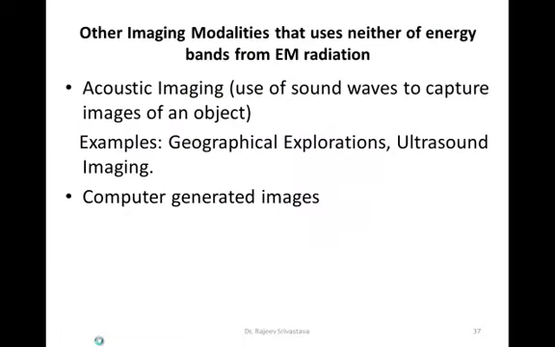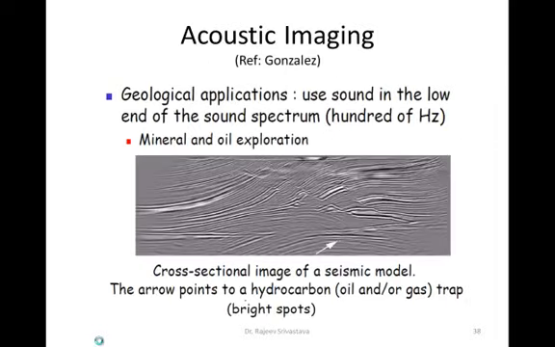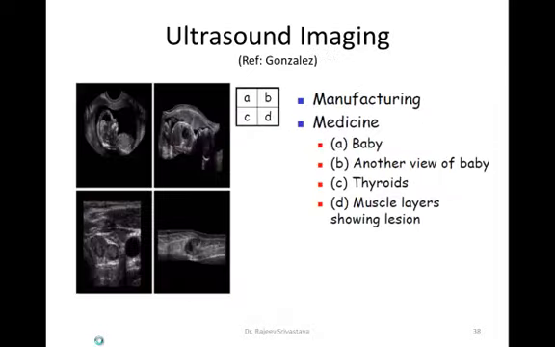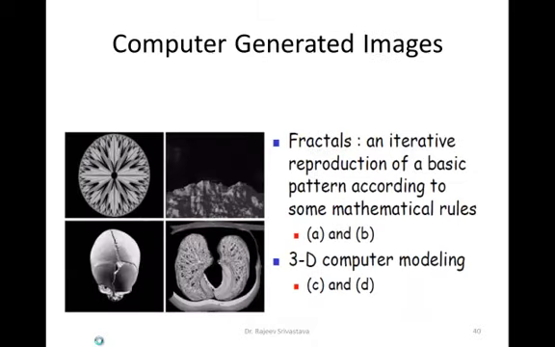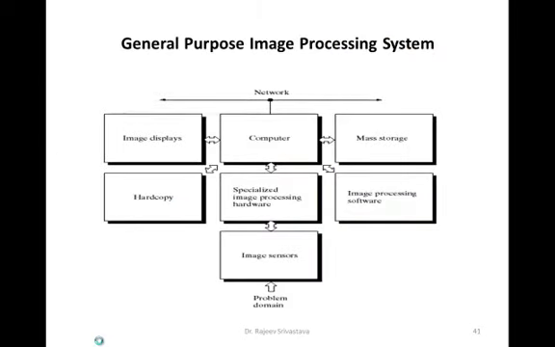Other imaging modalities that use neither of the EM radiation energy bands include acoustic imaging, used in ultrasound imaging and geographical explorations, and computer generated images: fractal generation, 3D computer models, general purpose image processing.